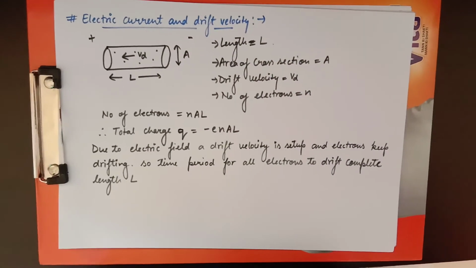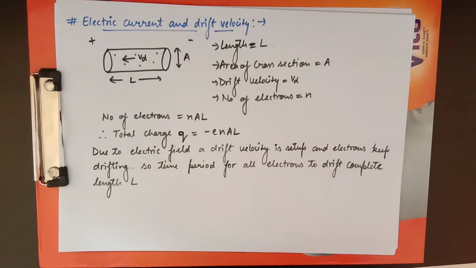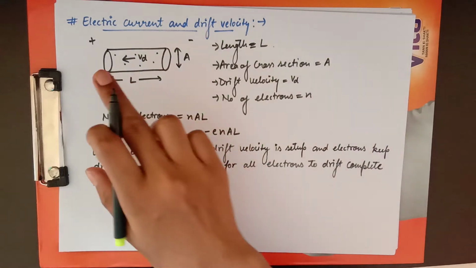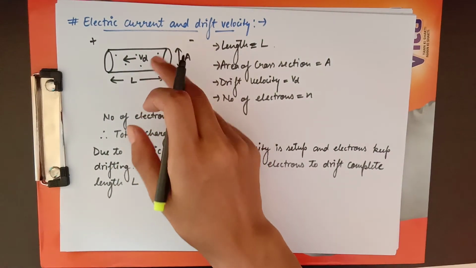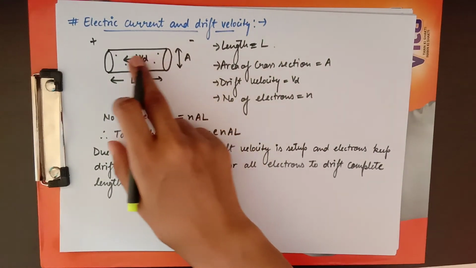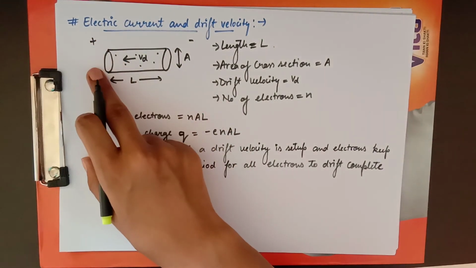As an external electric field is set up, a drift velocity is set up and electrons keep drifting towards the higher potential.